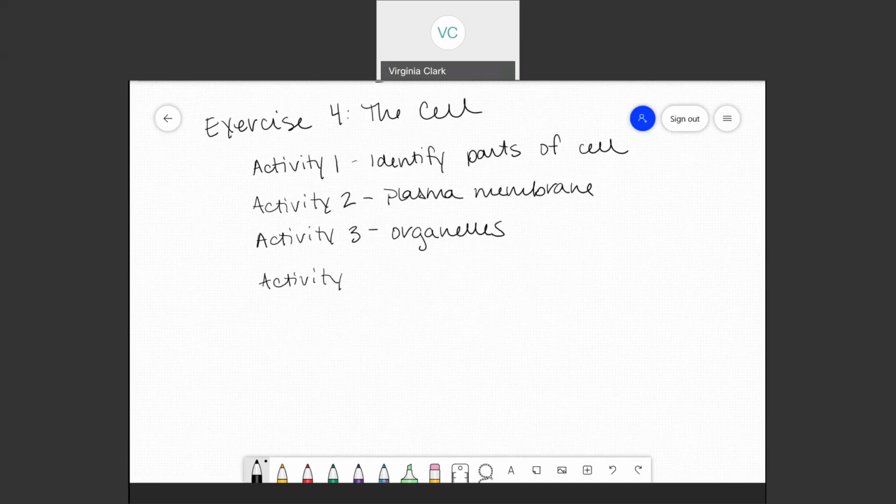Activity 4 will be really helpful using Mastering A&P. So activity 4 is looking at the cell model, finding all of these things in a global picture model of the cell. There's one in your reading quiz for this week that is super helpful. If not, there's one in the back of the book.